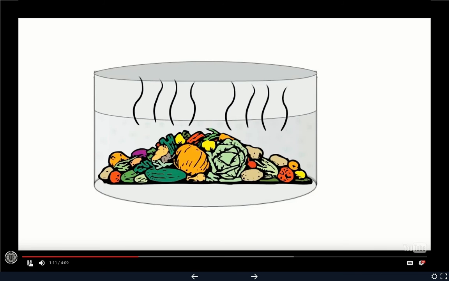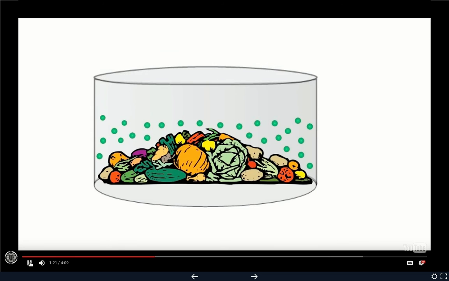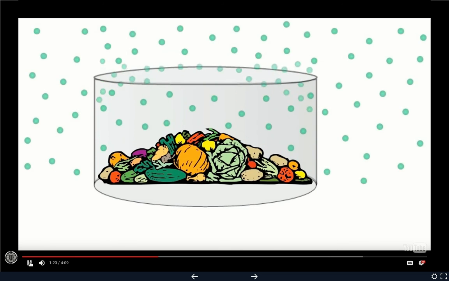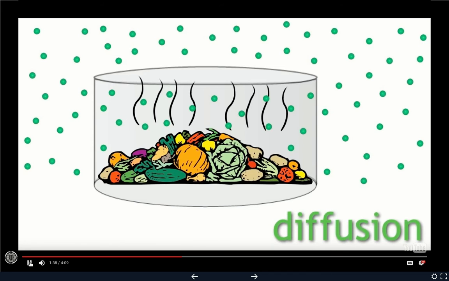The box with rotting vegetables smell, but you won't be able to smell them outside the box. However, take the lid off the box and those particles will no longer bounce off the lid and be contained. They will start to escape into the air around the box. You'll soon notice the effect and will be able to smell the rotting vegetables. And that's those gas particles reaching your nose by diffusion.